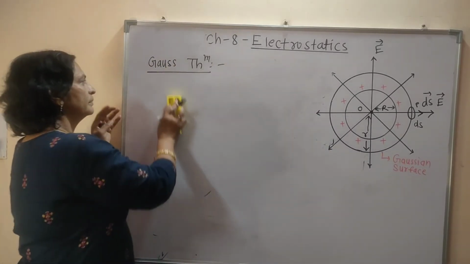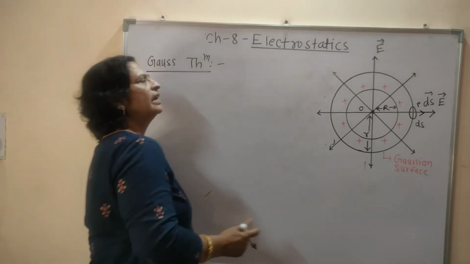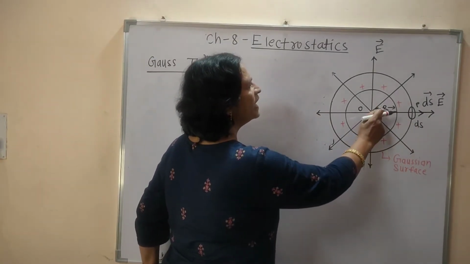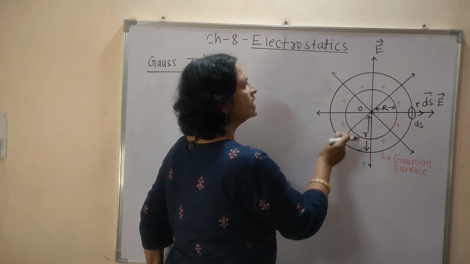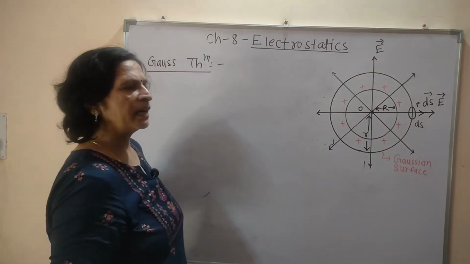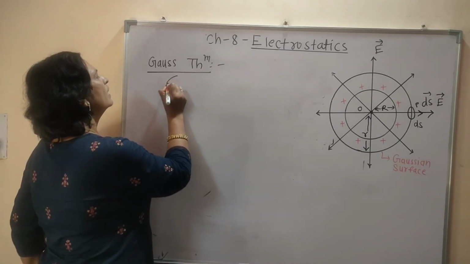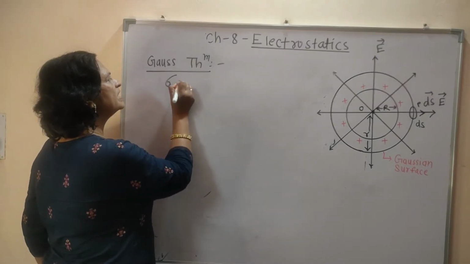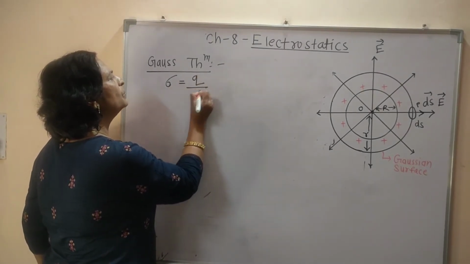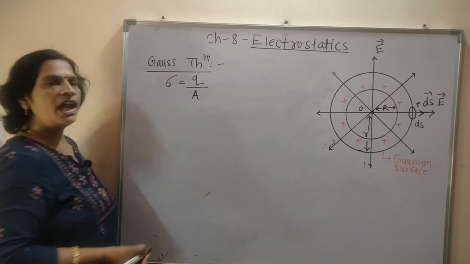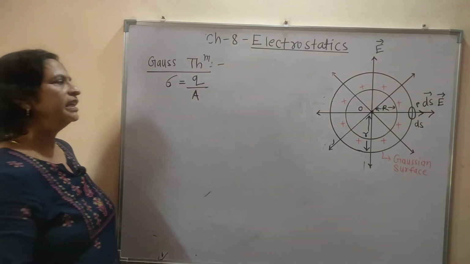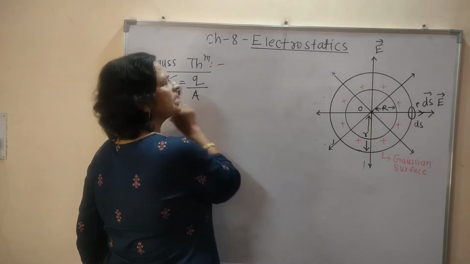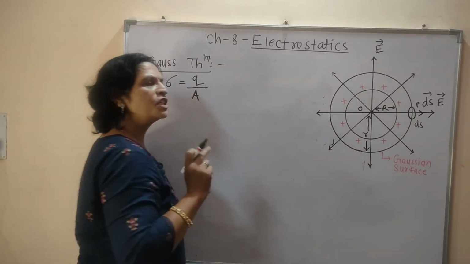For this purpose, consider a hollow sphere of radius r, and O is the center of that sphere. Then sigma is the surface density. What is the surface density? Charge per unit area is called the surface charge density, and sigma is the uniform surface charge density of this sphere.